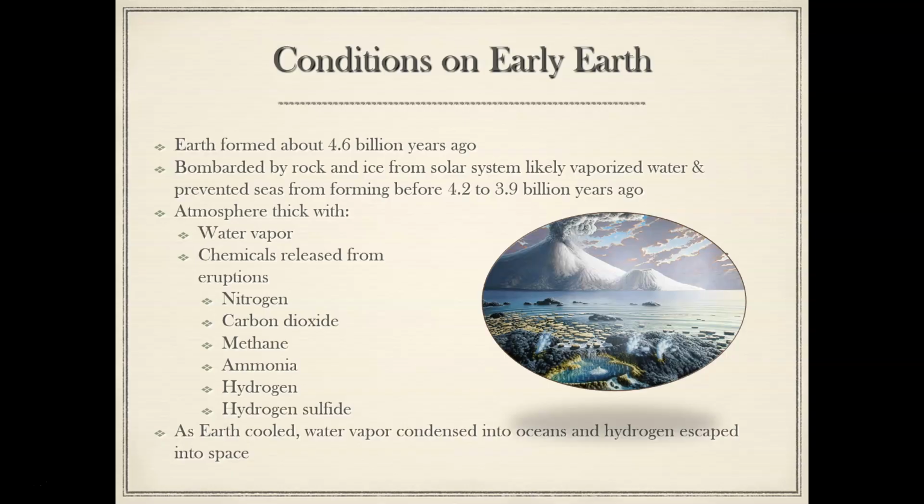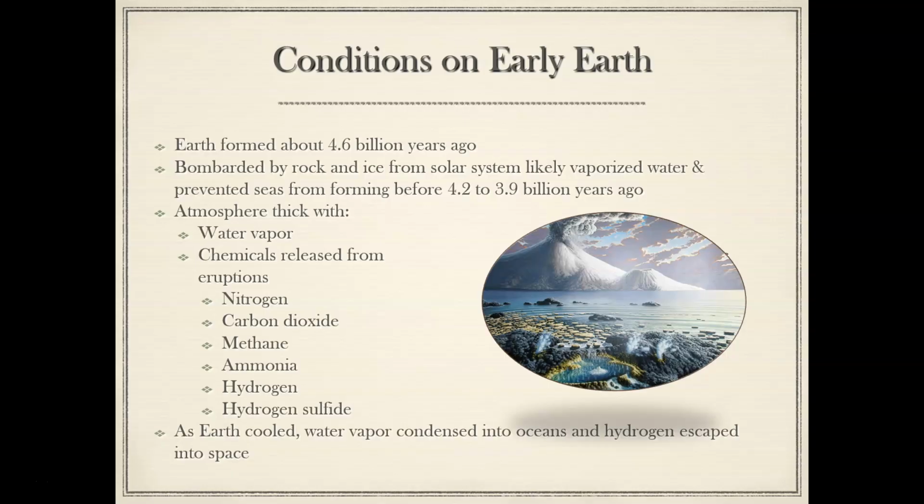And that disk is what ultimately becomes the plane of our solar system. As these rocks and dust and ice and gas are all bombarding each other, they're hitting each other with so much force that they basically go molten, they go liquid. And that liquid then is capable of sticking together. And the more that we hit each other, the more that these things collide with each other, the bigger and bigger these masses are that get created.